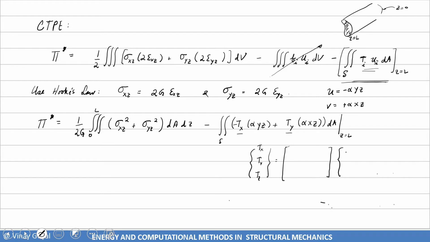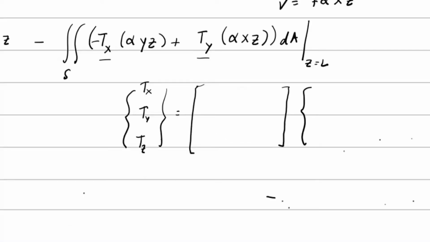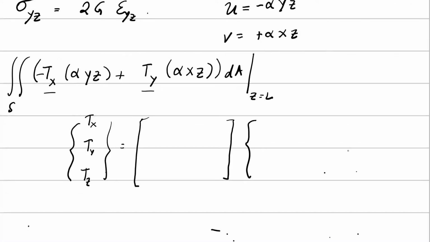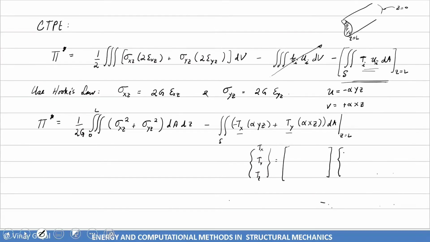And a normal vector is 1, 0, 0. Sorry, 0, 0, 1. Using Cauchy's relationship. Why? Because I'm looking at this surface right here. So in reality, the only thing that's going to show up is this column vector here.